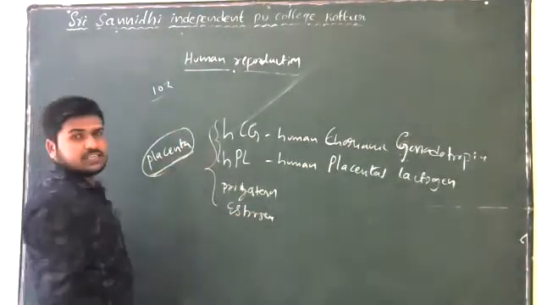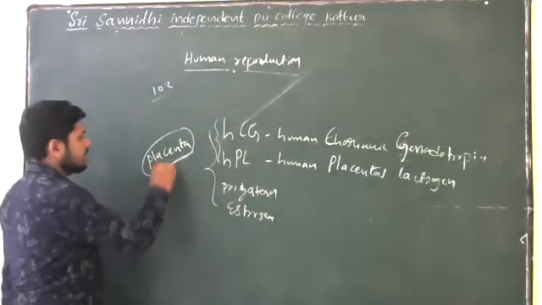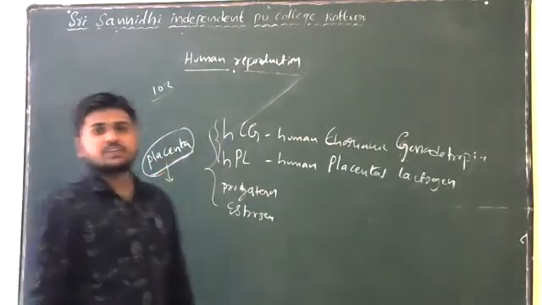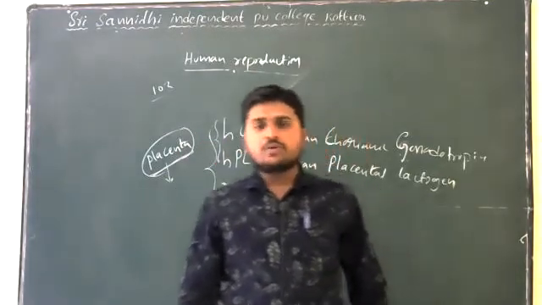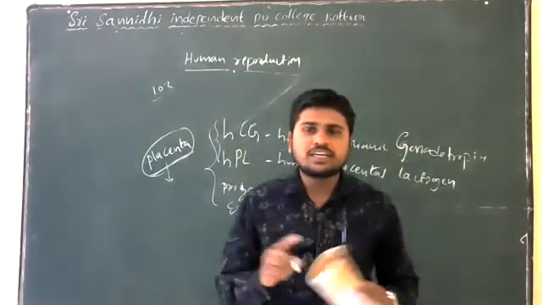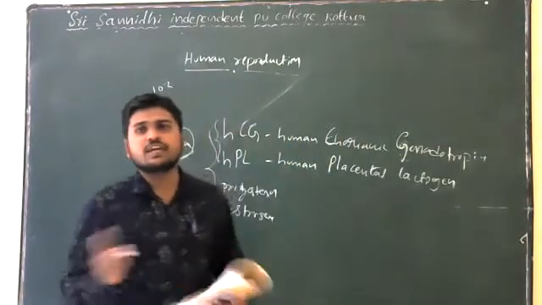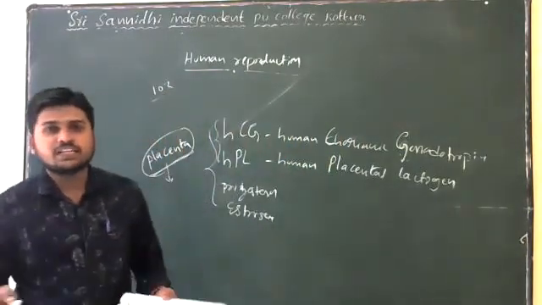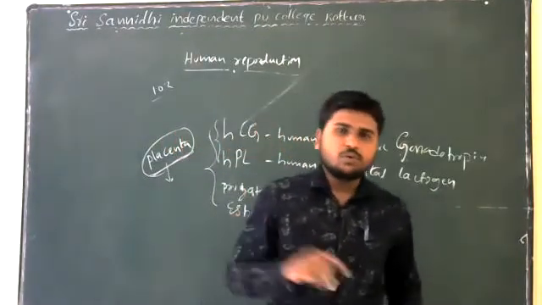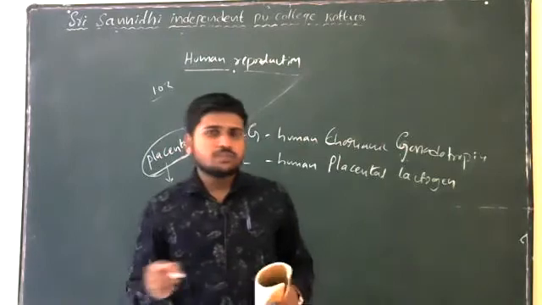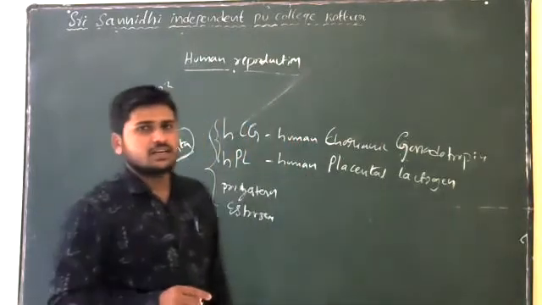Remember, what do we mean by placenta? The placenta is an organic connection between the mother and the developing embryo or fetus, for physiological exchange of nutrients and exchange of gaseous materials. Excreted products are removed from the fetus through the placenta and enter into the mother.